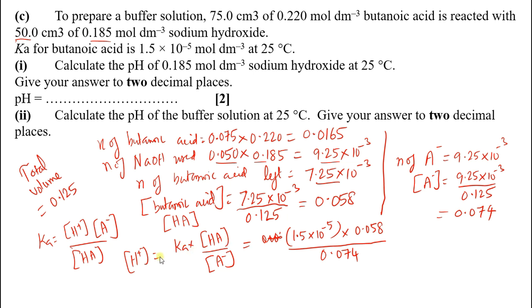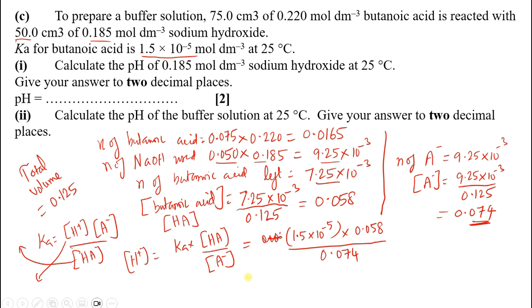Now we have this Ka expression rearranged to get the H+, moving HA to the numerator, so we get this expression: H+ equals that. We have the Ka value over here of butanoic acid, so use that, times the concentration of HA divided by the concentration of the salt from here.